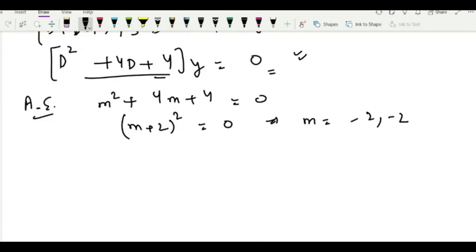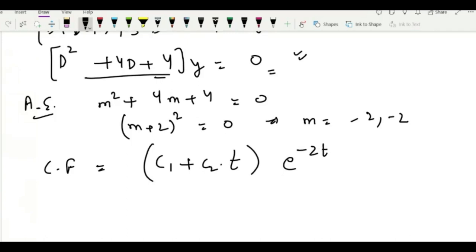So here we have the same roots, equal real roots. So in this case, we have the CF as (C1 plus C2 times the independent variable t), and here the independent variable is t. So C1 plus C2 t, into e raised to power minus 2t. Now substituting x is equal to e^t again, we have t is equal to log x.